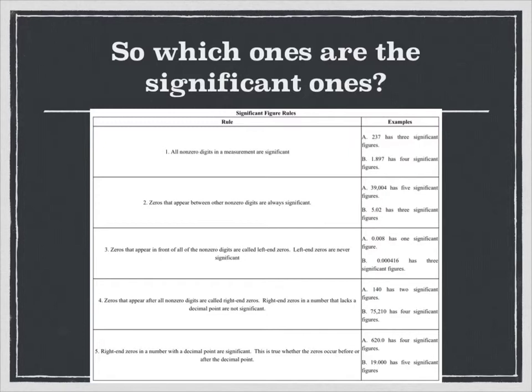And also, if your number ends here, this is also a trailing zero, but your decimal place is 0.0, you have to assume that zero is there for a reason. They ended their measurement right on that zero, so that's a significant number, and you need to include that. So that's the difference. If it ends in no decimal point, you can convert that to scientific notation and only have 4 sig figs. Here, you need to take note of that, and that's why those are significant, but these are not.